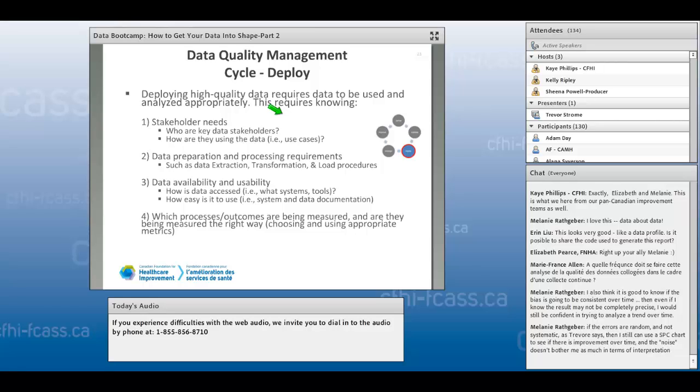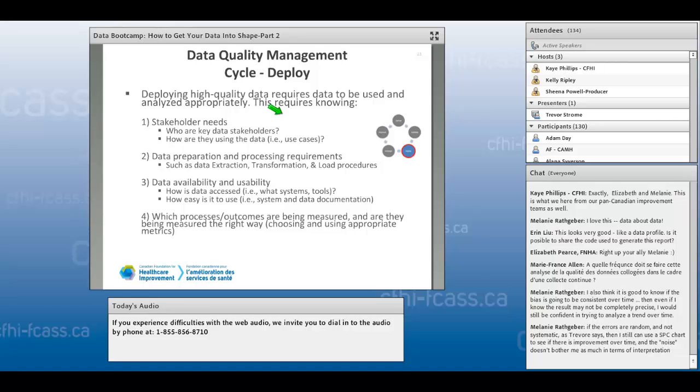Then we can look at the data preparation and processing requirements. So how do our data extraction, transformation, and load procedures from source systems to the data warehouse, for example, either improve data quality by fixing errors, or hinder data quality?